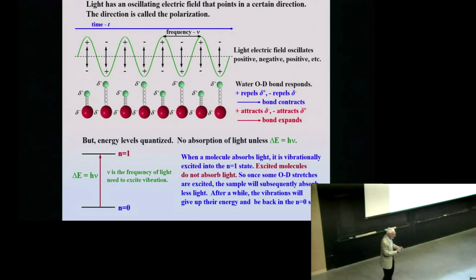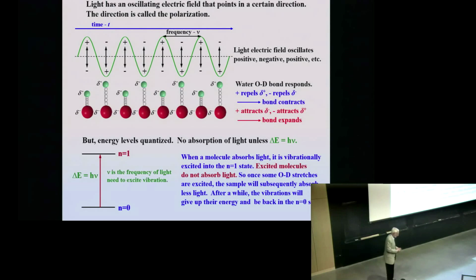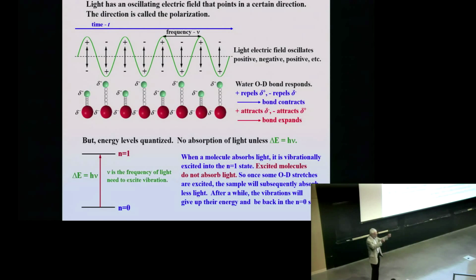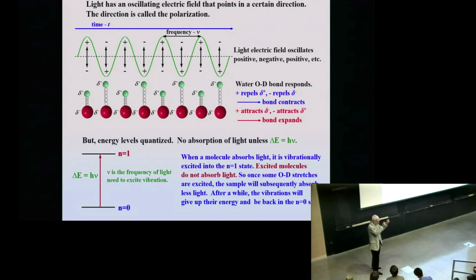So when you shine light on a bunch of water molecules and put a bunch of them in these vibrationally excited states where they're vibrating, then if you shine some subsequent light on that thing, the water wouldn't absorb as much of it, because you've already taken some molecules which are in the low energy state where they can absorb light and put them in this higher energy state where they don't absorb light. So excited molecules do not absorb light of this frequency, and so we can excite these things.